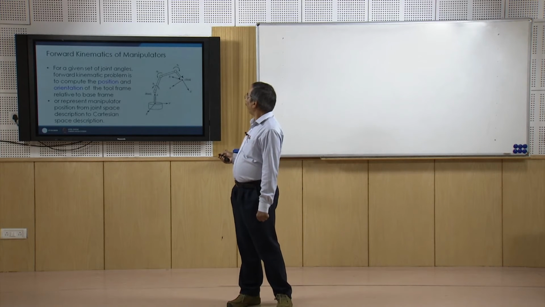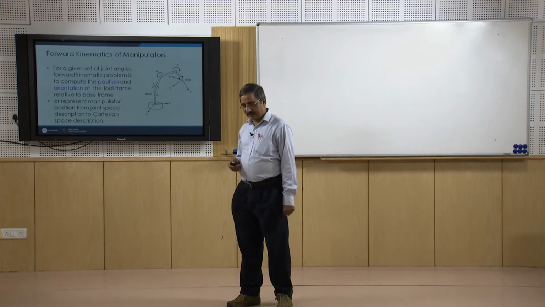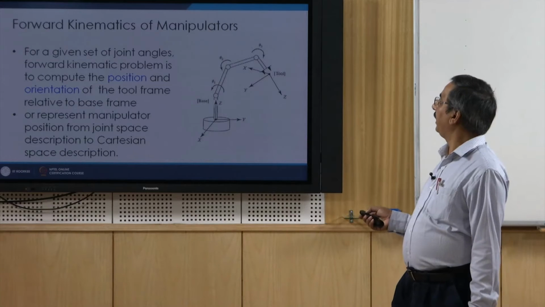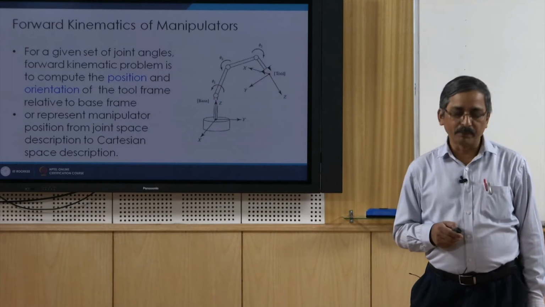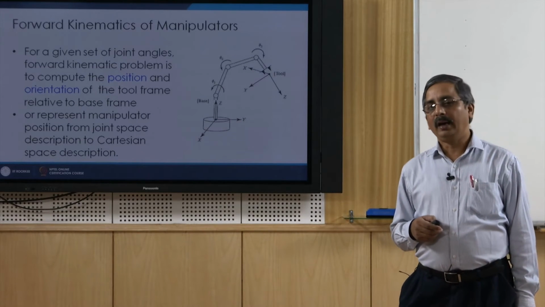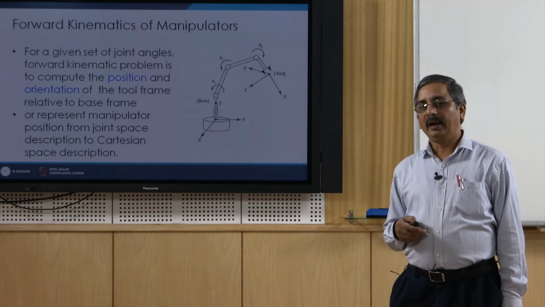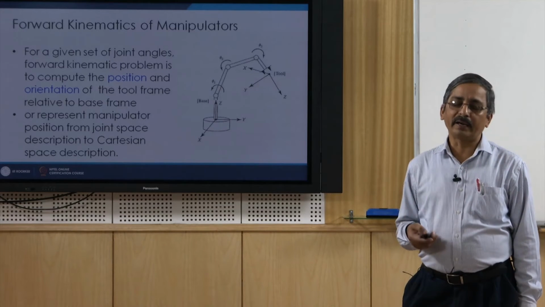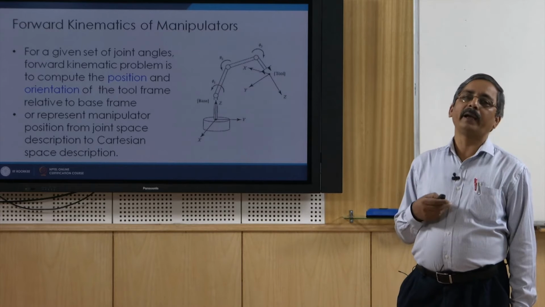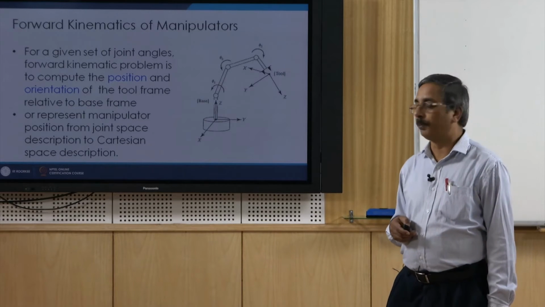So, first of all, let us see what we mean by the forward kinematics of manipulator. Here basically we will be understanding what is the forward kinematics and what we mean by the inverse kinematics of the manipulator.